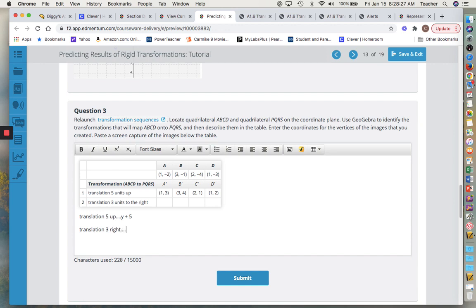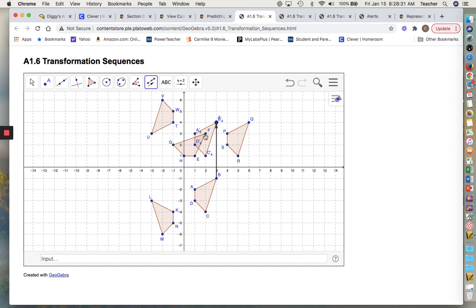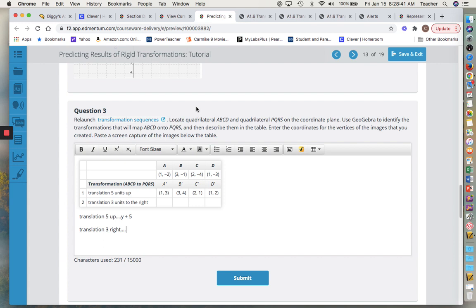All right, so there's a cheat code for translating 3 to the right. Well, for you visual people, we're moving it over this way, so I'm changing the x value because I'm running parallel to the x-axis. And I'm going to the right, so it's going to be a positive change. So you're going to take x and add 3 because we're going 3 to the right. Every single y here is going to stay the same, but this x value, this 1, this 3, this 2, this 1, you're going to add 3 to them.